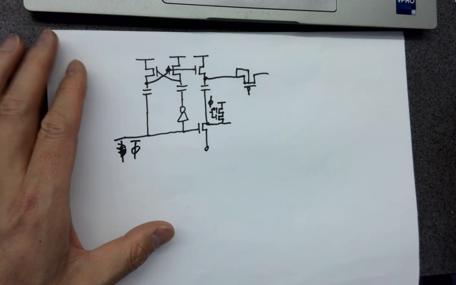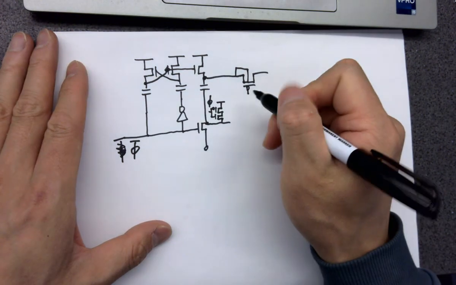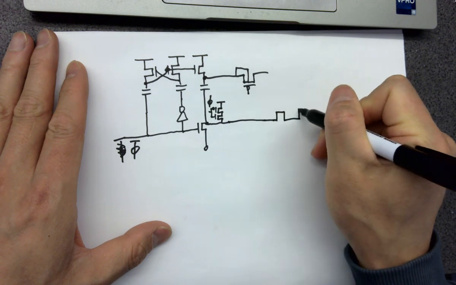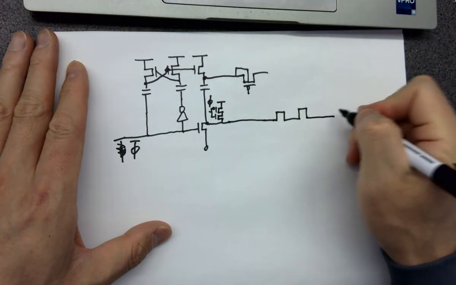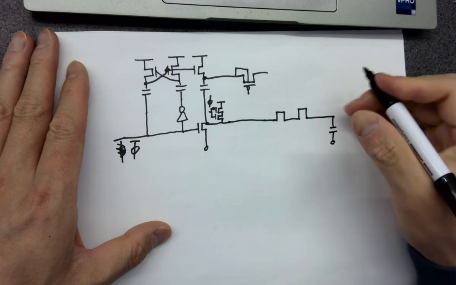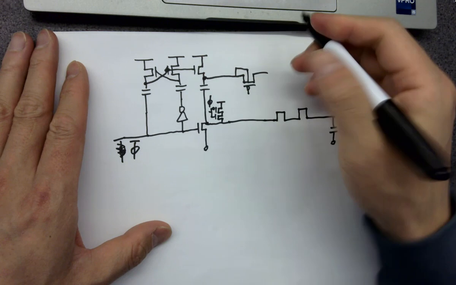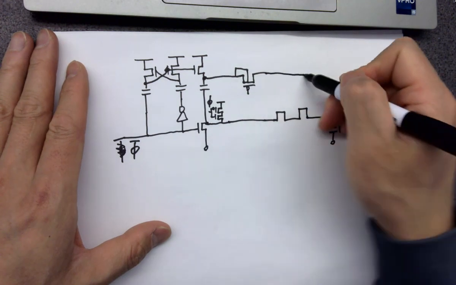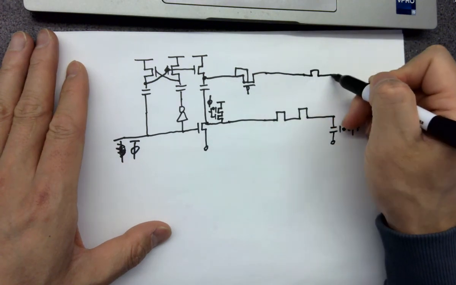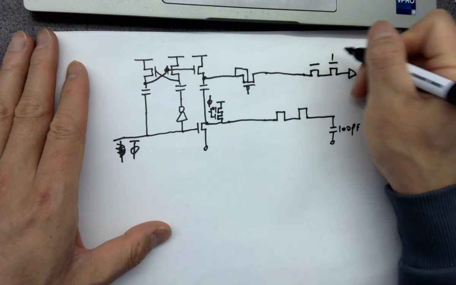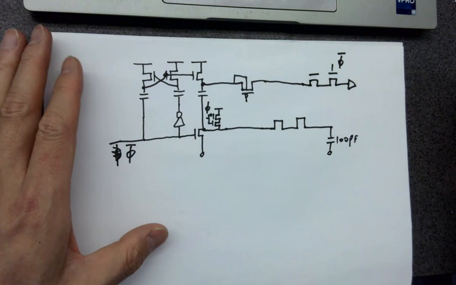And you need another 2 switches and connect to the reservoir, let's say 100 picofarads. And here we need 2 switches and short to ground. We use these 2 transistors to reset the sample and hold circuit.